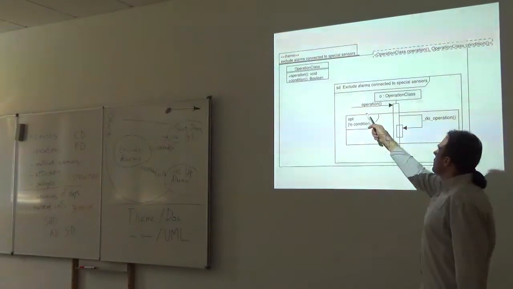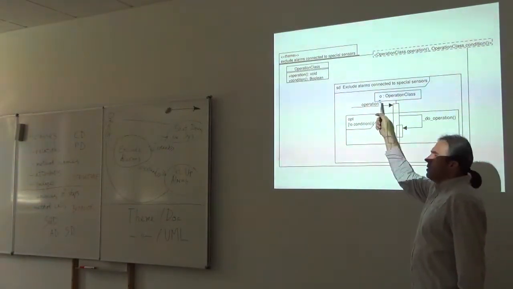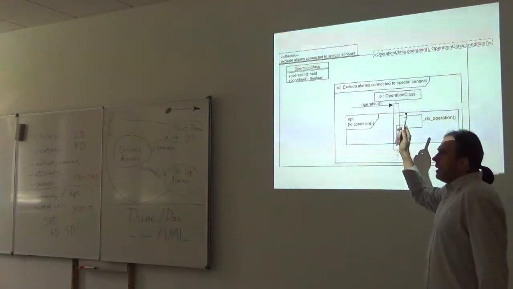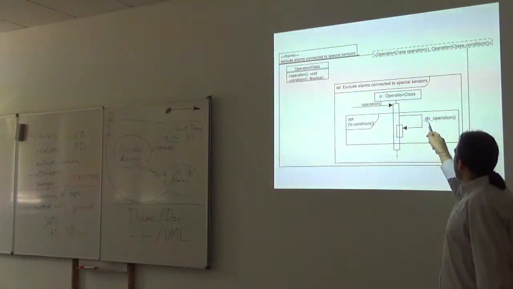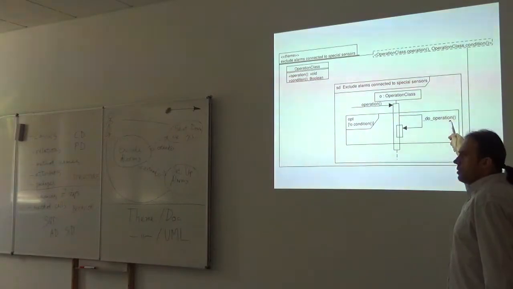So this is not our operation. This is just a call to our operation. Our operation is indicated by this special name: underscore, do, underscore, and the name of the operation.